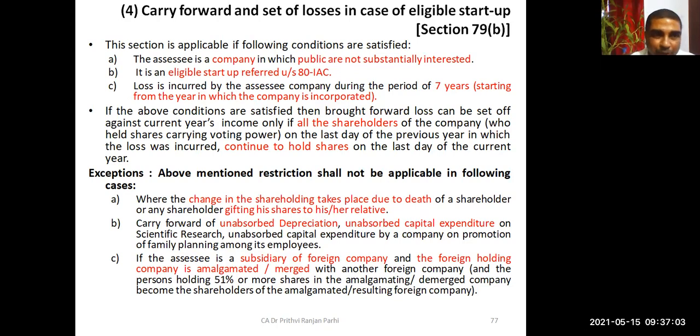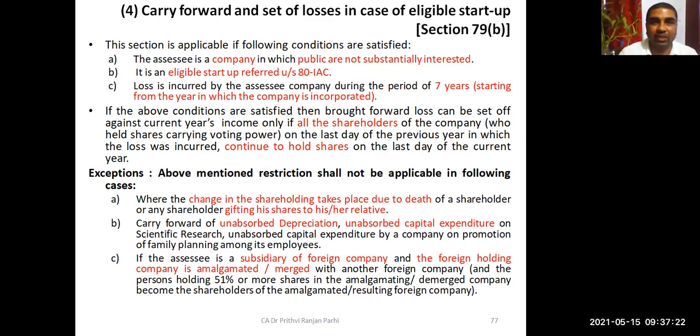Now, friends, one more important concept, that is carry forward and set off of losses in case of eligible startups. Section 79B we have to cover right now. So the startup companies concept.